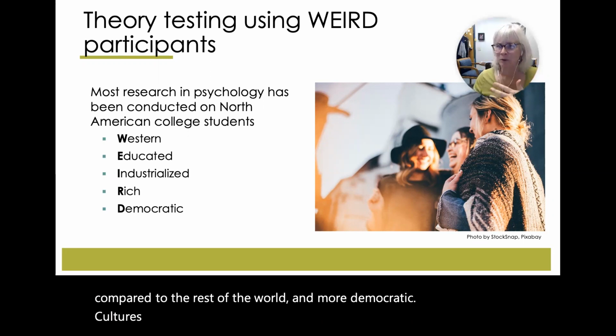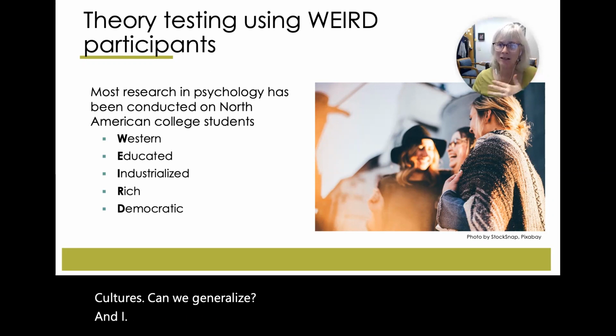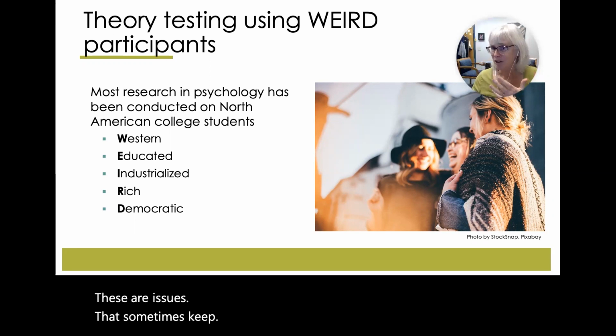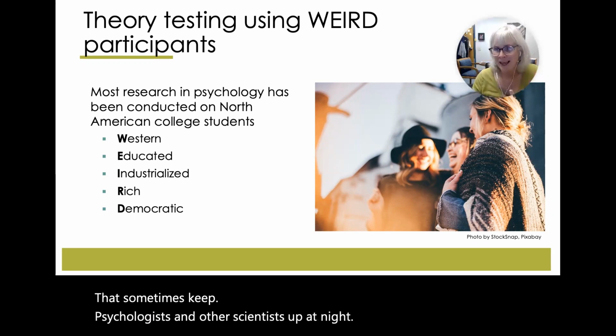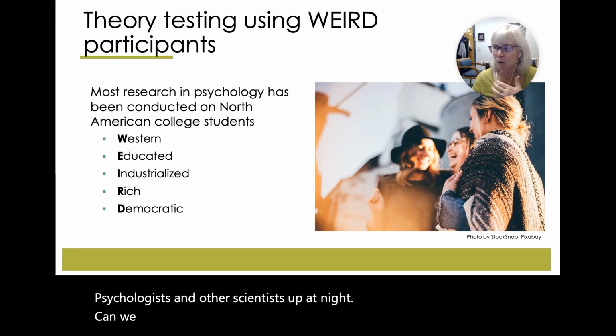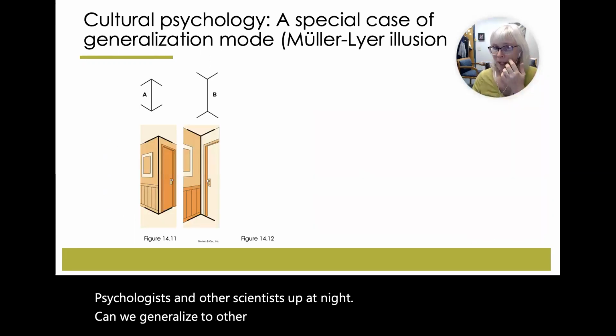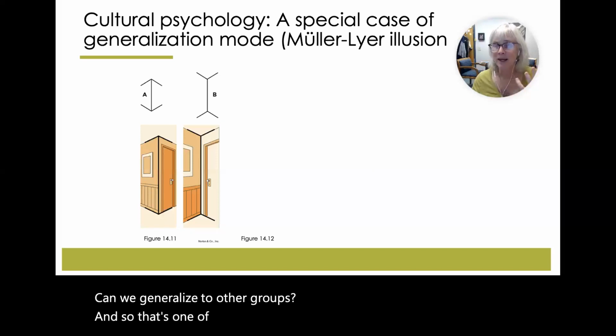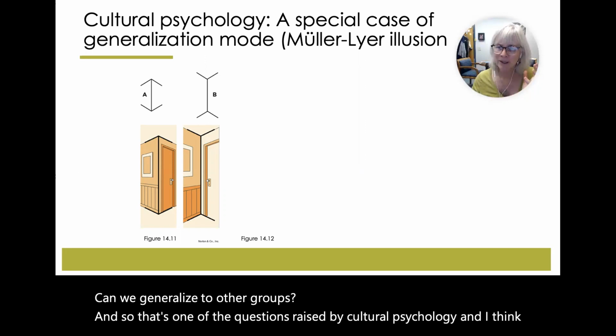Can we generalize? These are issues that sometimes keep psychologists and other scientists up at night. Can we generalize to other groups? And so that's one of the questions raised by cultural psychology.